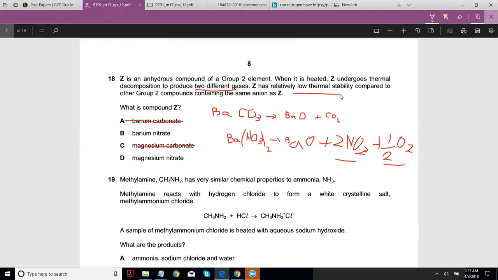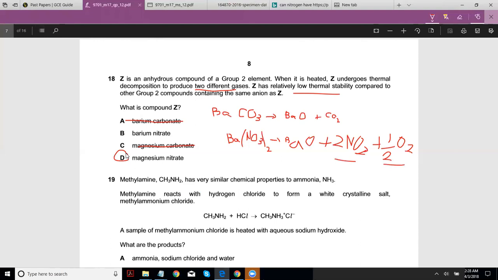So because these two are gaseous, so you know it's a nitrate, and we want relatively low thermal stability. Now thermal stability increases down group 2, so relatively low should be magnesium. But if you are interested in finding out why thermal stability increases down group 2, is because there was a concept known as small size greater charge, and the smaller the size, greater the charge, more the polarizing power. So hence, if you go down group 2, larger the size, smaller the charge, smaller the polarizing power, so the lattice is more stable.